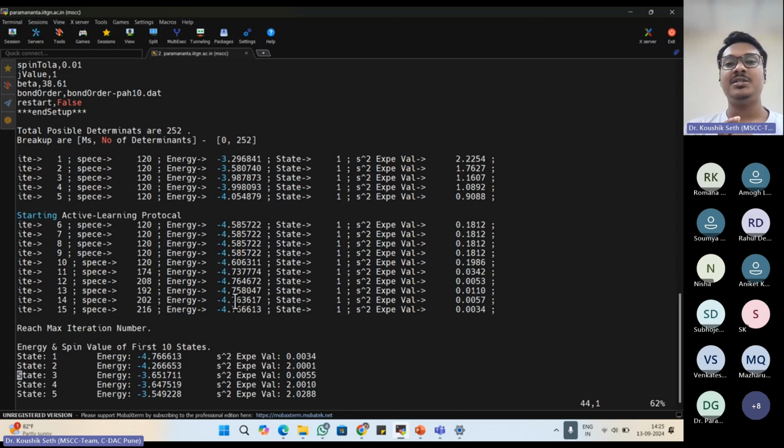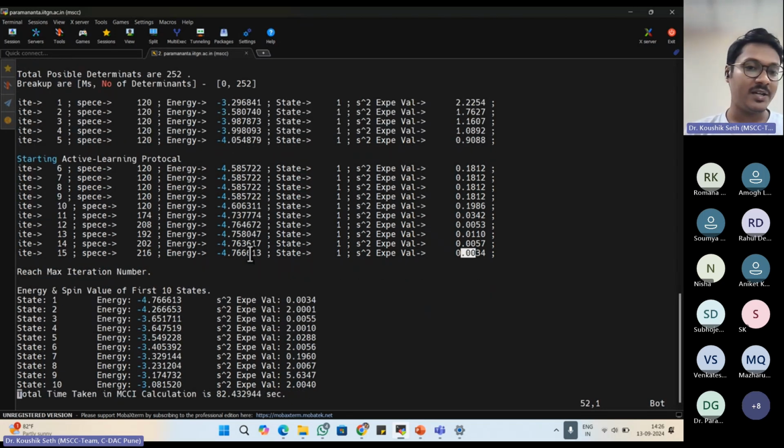In any kind of optimization, if we get lower energy of a molecular system, that means we are going to the stable state. And if we look at the final parameter, the spin square expectation value, it started from 2 and goes to 0. That means we are reaching toward the singlet state. For the singlet state, the spin expectation value should be 0. After all the iterations, there is a summary of the 10 states.